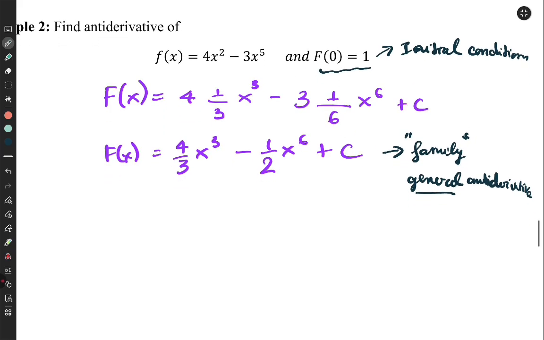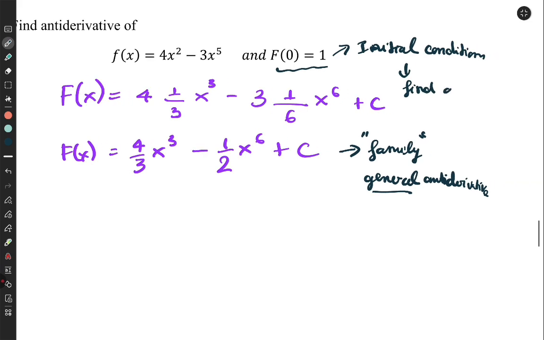We use that initial condition to find a specific c. That's it. Instead of a family, unlimited, now we identify exactly one. How? Plug in. So you have capital F right here. To find that c, you plug in. When x equals 0, plug in 0 here, here, here.